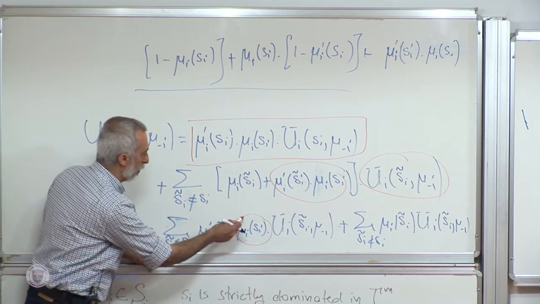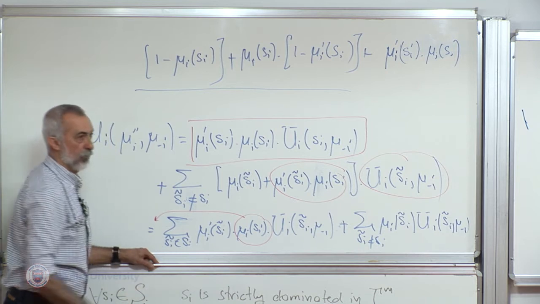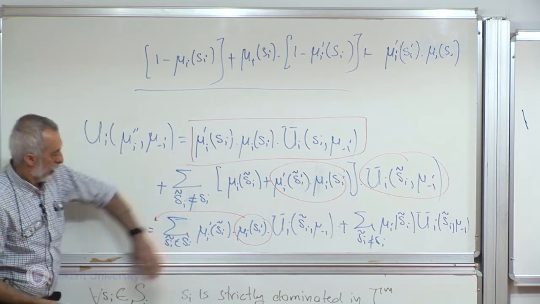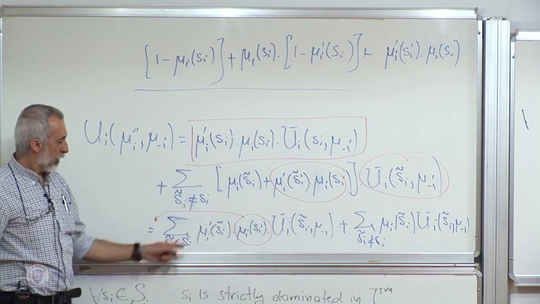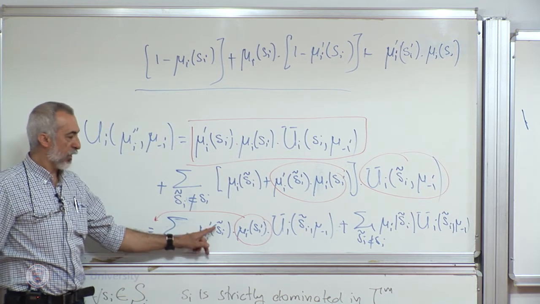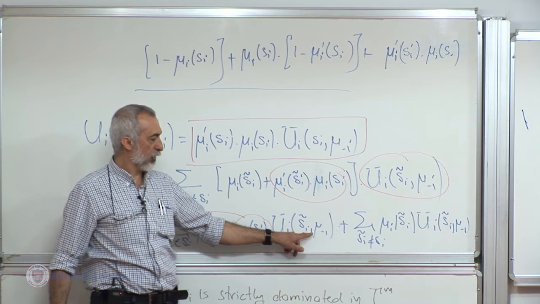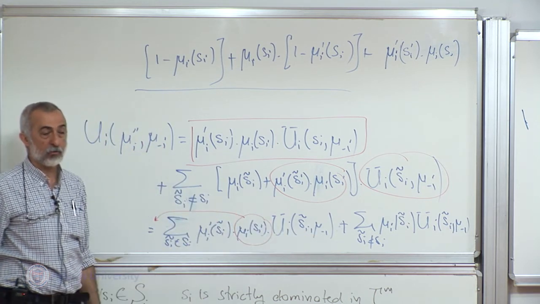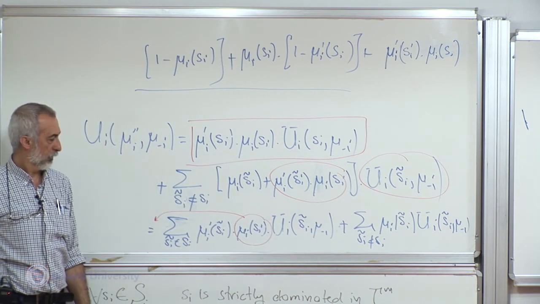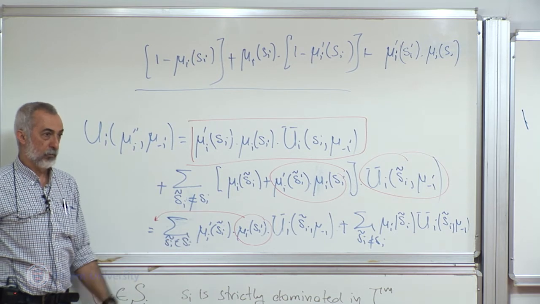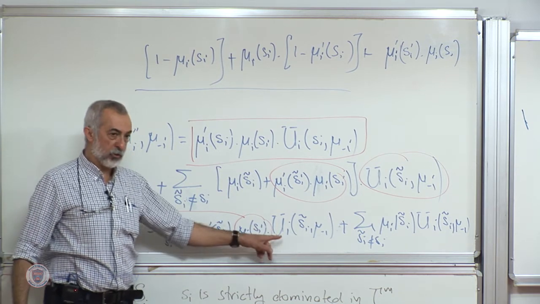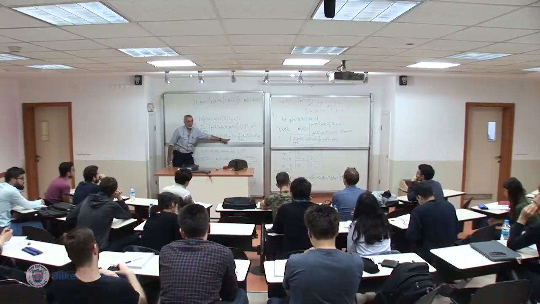So we can maybe take this out. If you take that out, what do you get? Mu_i prime(S_i tilde) times U_i(S_i tilde, mu_minus_i). That's equal to what? Expected utility that agent i gets when he plays mu_i prime against mu_minus_i.